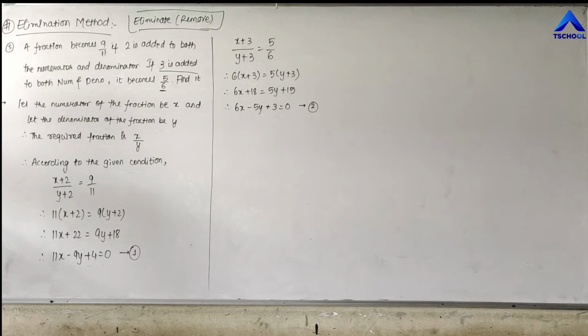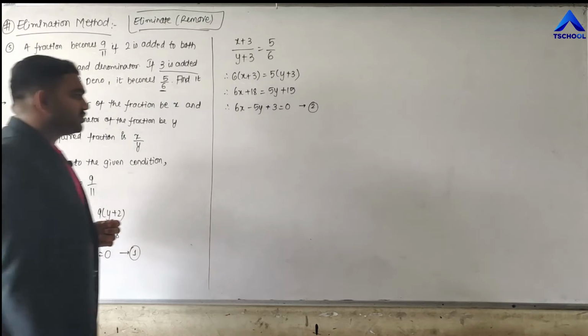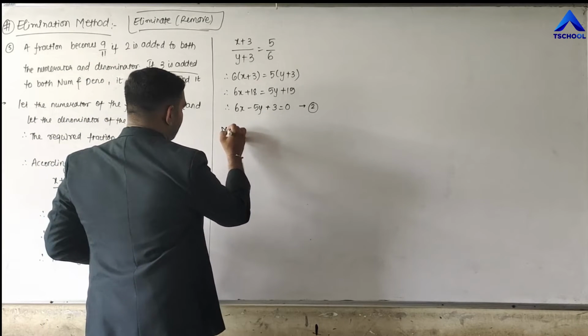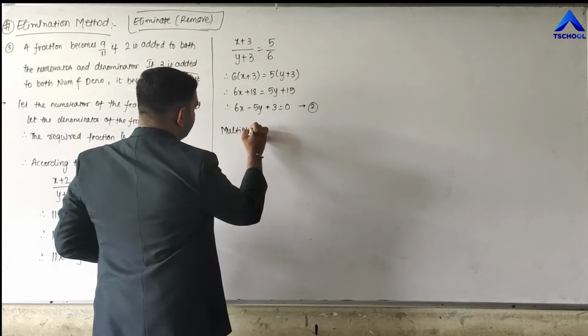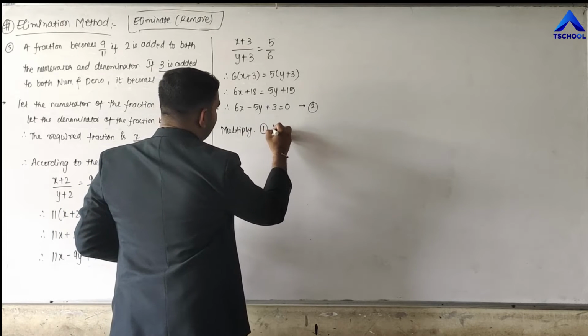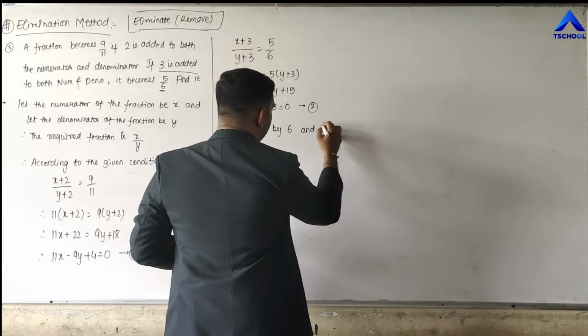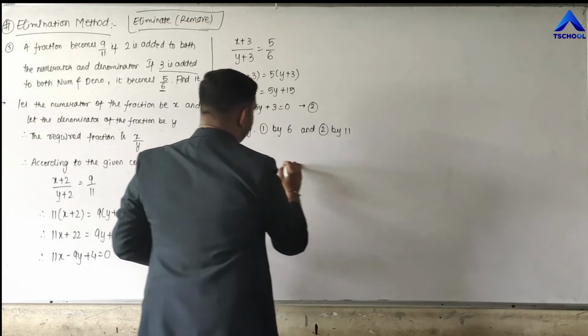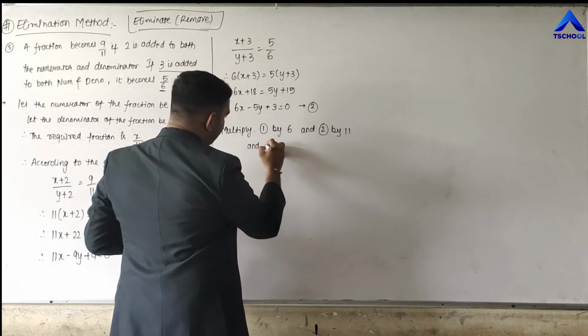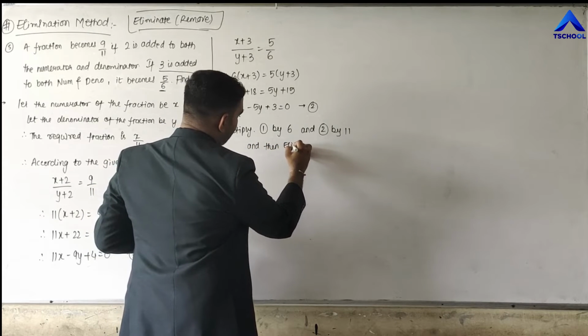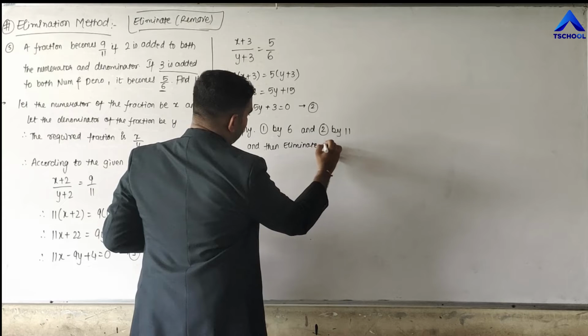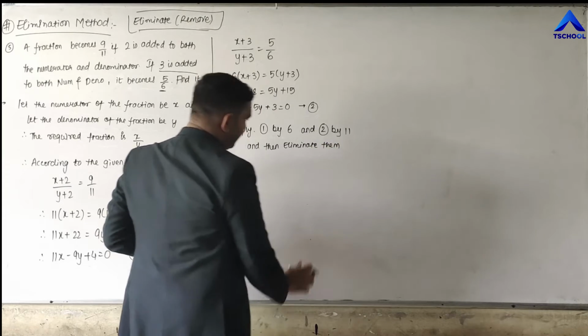Now take a look over here, the coefficients of x and y are not same. So first of all, what we are going to do, we are going to make them same, right? So multiplying equation 1 by 6 and equation 2 by 11 and then eliminate them.